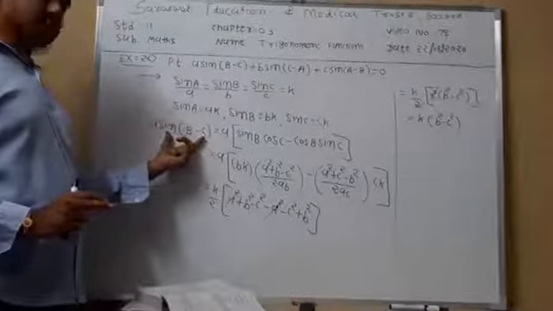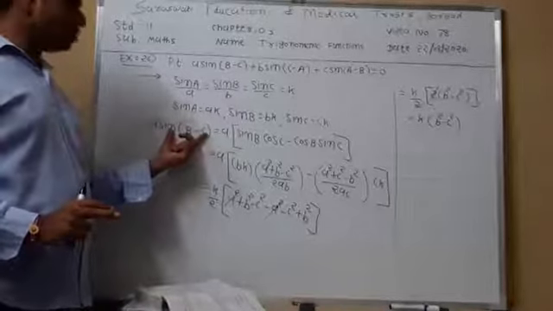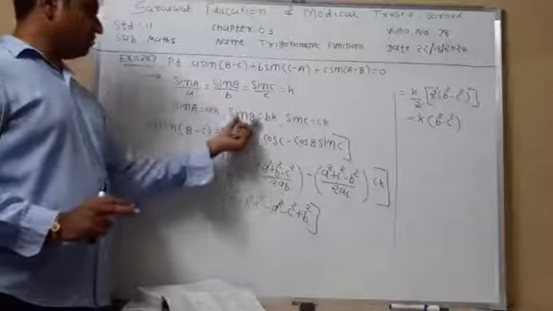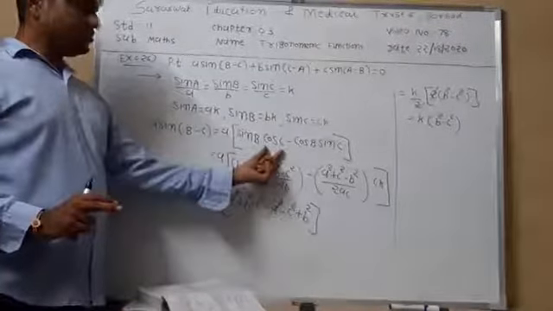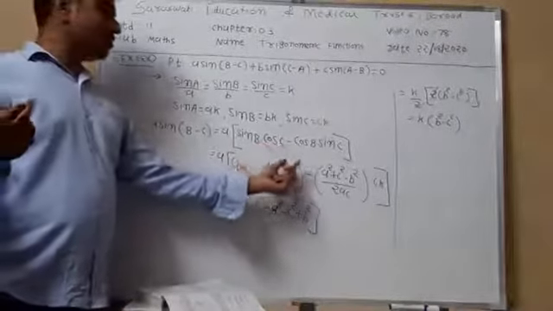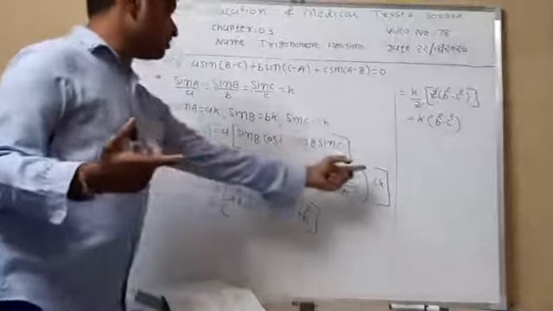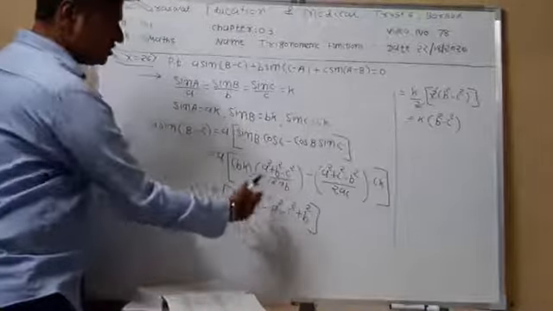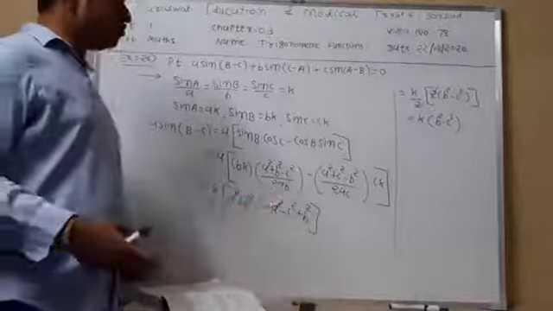Apply the identity sin(b minus c) means sin b cos c minus cos b sin c. Substitute bk for sin b, the known identity for cos c, minus cos b, and ck for sin c. Simplify this term, and the a square cancels out, leaving 2b square minus 2c square.